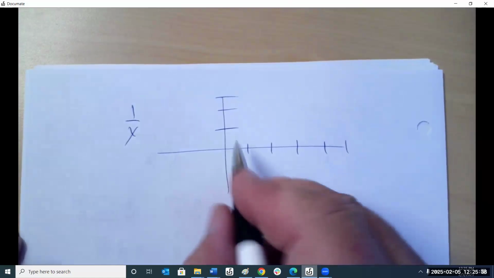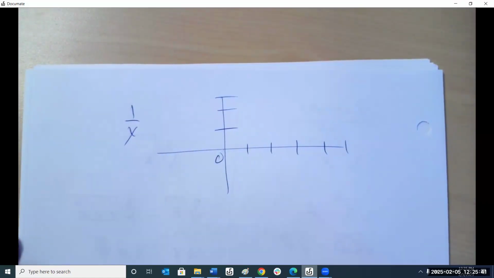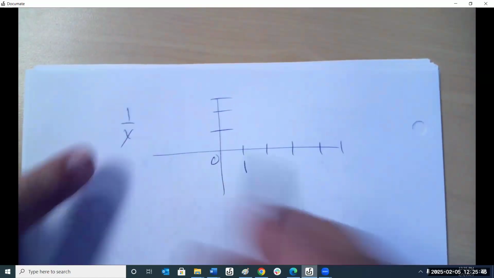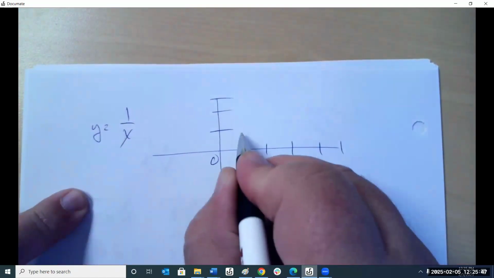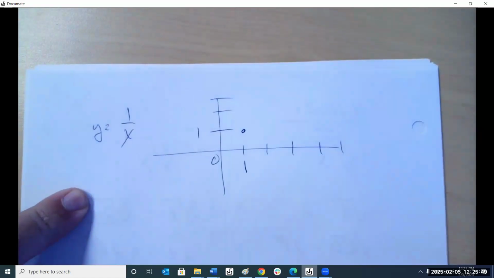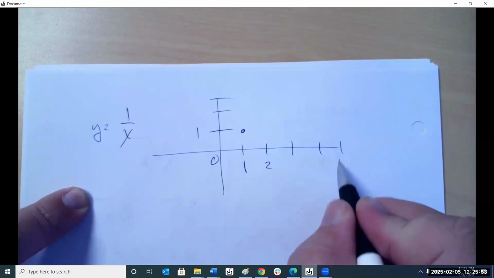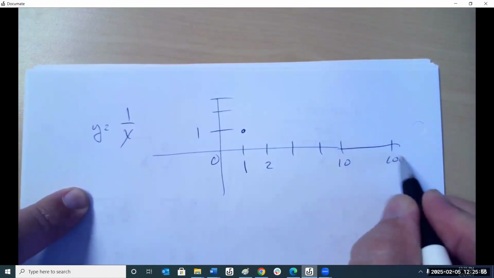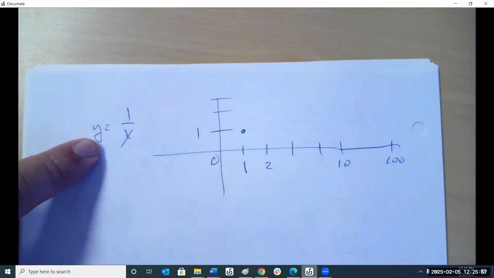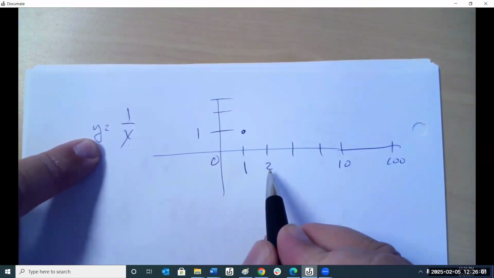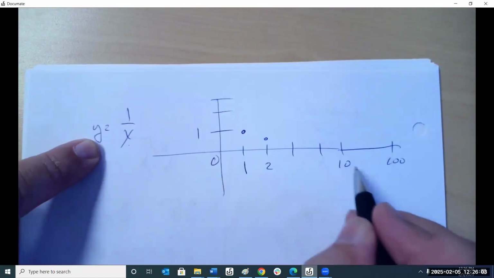Two things we have to look at. We know we can't have 0. When x is 1, what is y? When x goes to the right, at 2, at 10, at 100, what happens to this number? When x is 2, we get a half.